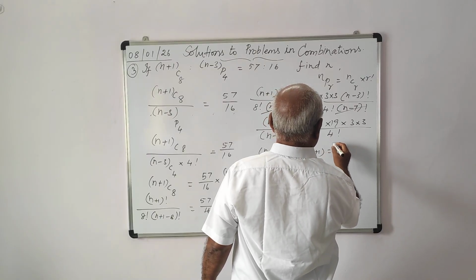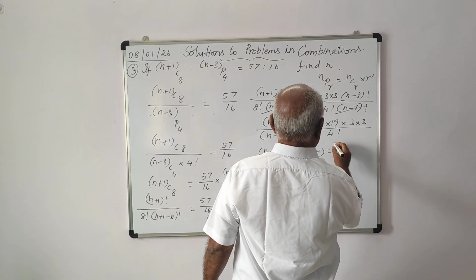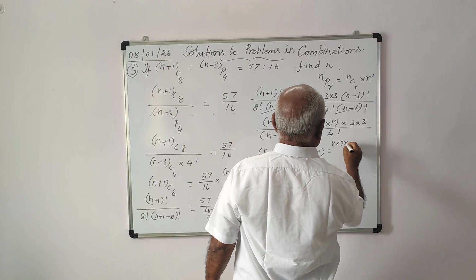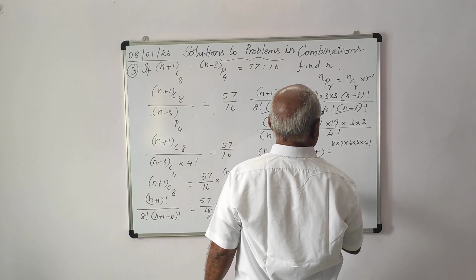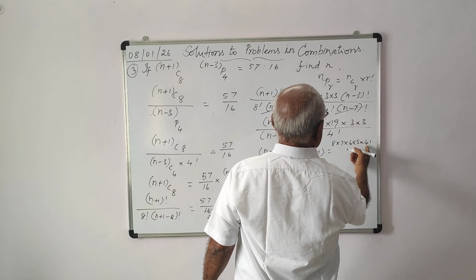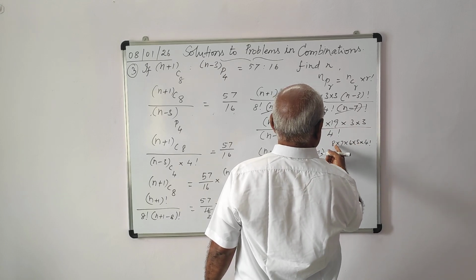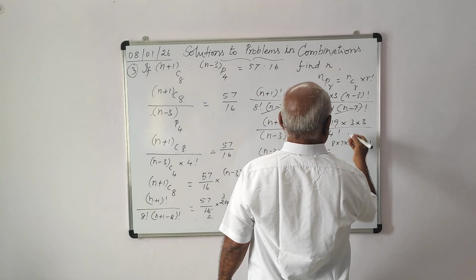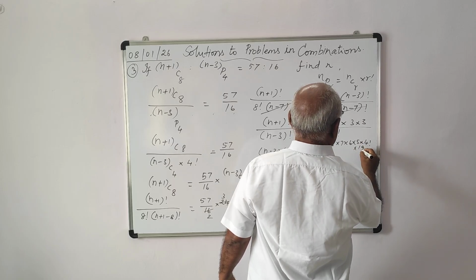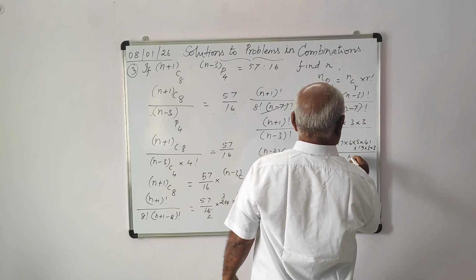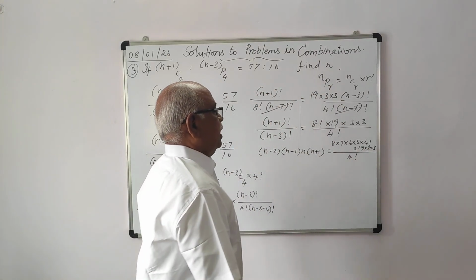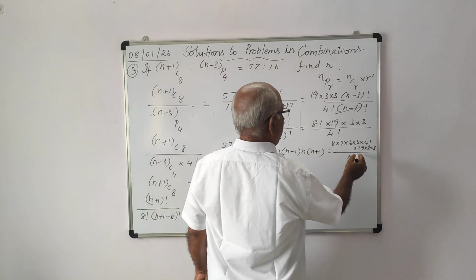8 factorial I can write as 8 into 7 into 6 into 5 into 4 factorial. I can cancel 4 factorial both in the numerator and denominator.